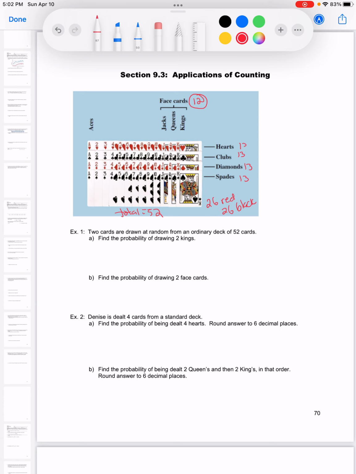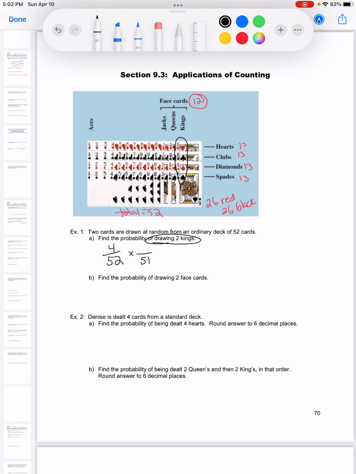All right, for these first problems, there are going to be two different ways to work them, so I'll show both ways. We want to find the probability of drawing 2 kings. When I start with, there are 4 kings. So the first card, the probability would be 4 out of 52. Once I already have a king taken out, there aren't 52 cards anymore.